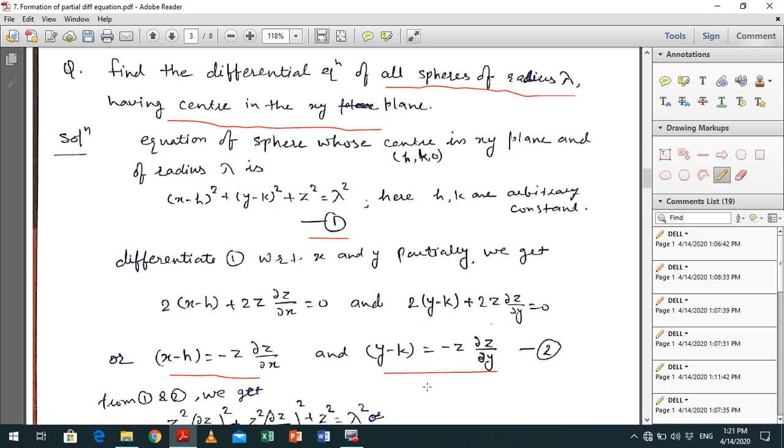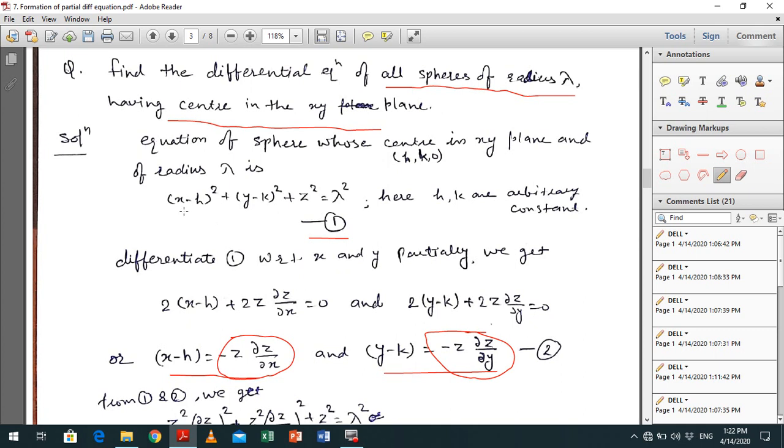Now we have to eliminate h and k from equations 1 and 2. Here we have the terms x minus h and y minus k, and we have the value of x minus h equals minus z del z upon del x, and y minus k is given by minus z del z upon del y. So in equation 1, replace x minus h with minus z del z upon del x, and y minus k with minus z del z upon del y.